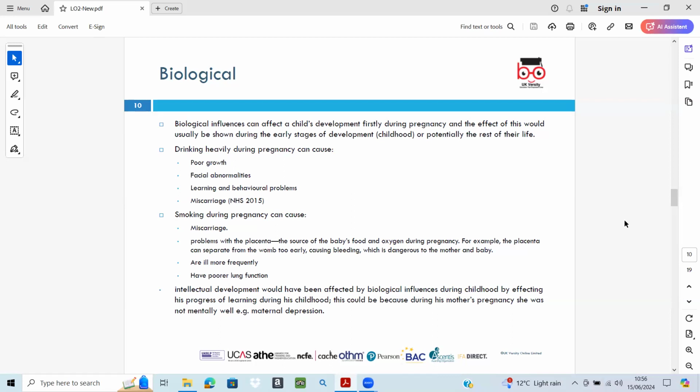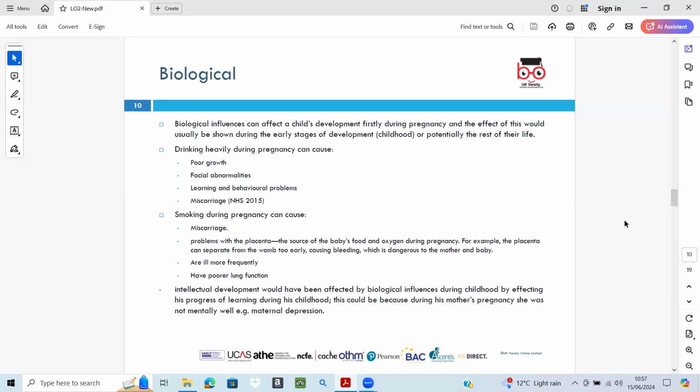The prenatal environment plays a crucial role in determining a child's future well-being. For example, the impact of heavy drinking during pregnancy. It could cause poor growth. Heavy drinking during pregnancy can lead to restricted fetal growth, causing physical and developmental delays.